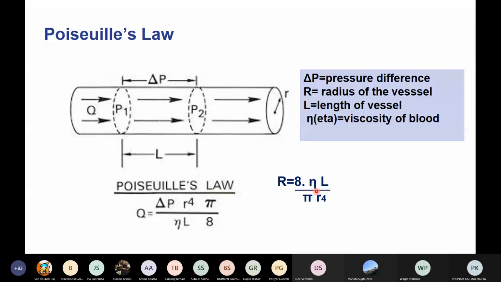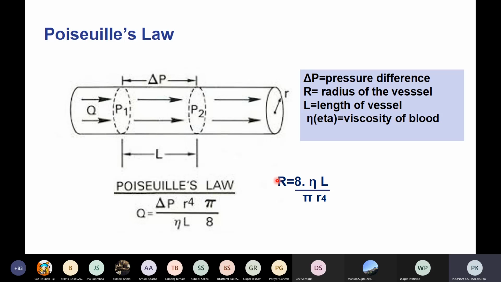Resistance of the blood flow will increase by 16 times, right? So resistance is highly influenced by the radius. If radius is decreased to half, the resistance can increase to 16 times. And when the resistance is increased to 16 times, blood flow will be highly decreased, right?